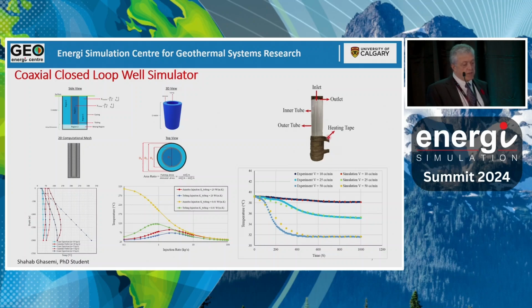For this specific problem, the models that we're generating are generated using COMSOL. So we use COMSOL, we set up the mesh, we set up the equations, we get some predictions, and now we are trying to match, for this specific example, the temperature profiles from the simulator and the experiment.